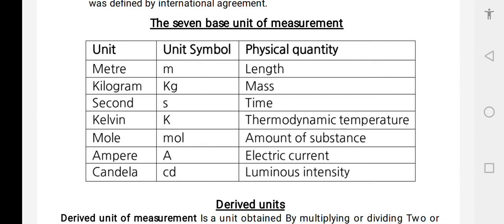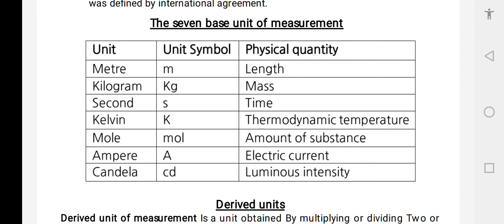For example, length can be measured in millimeters, centimeters, meters, kilometers, miles, all those. Now, why are we just speaking of meters? That is the unit which was actually agreed upon. So, when we say SI units or standard units, we mean the units that you are able to see here.